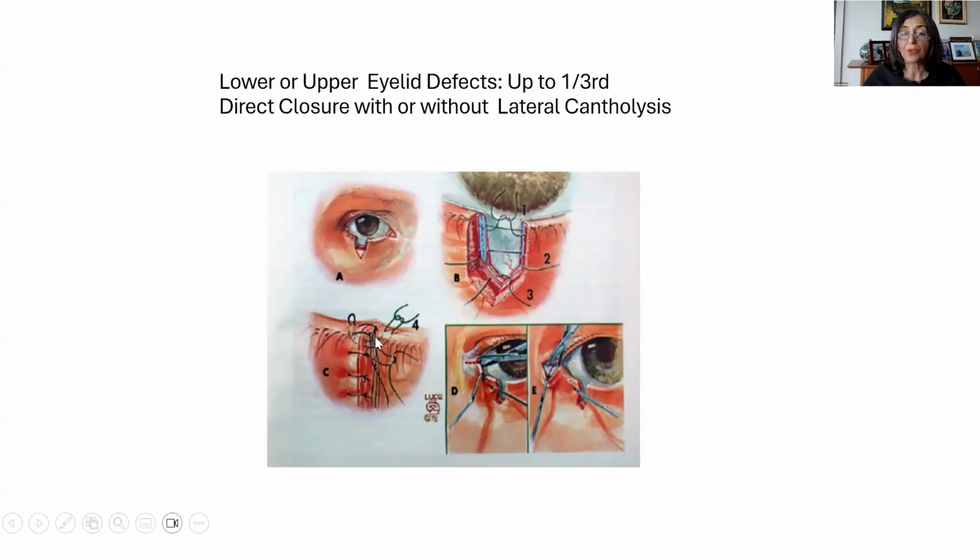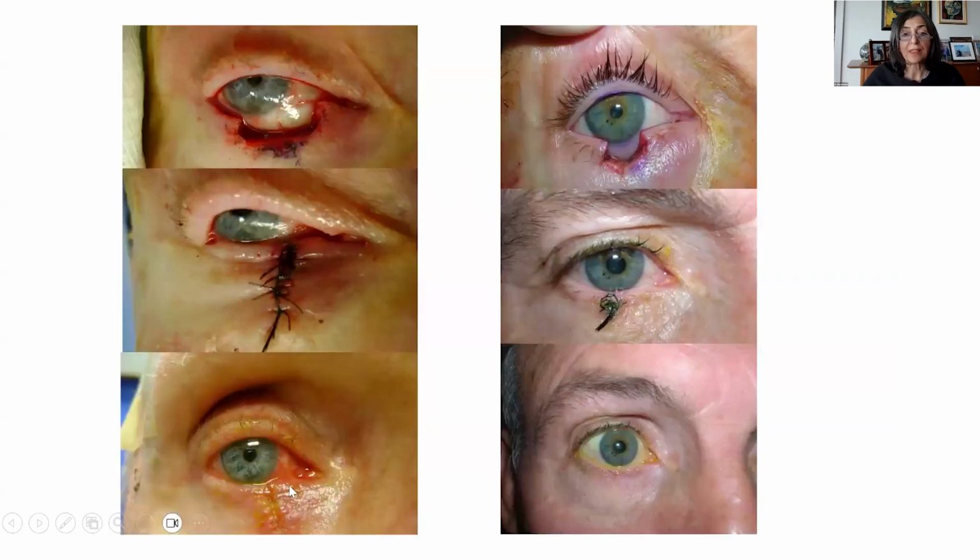So it's better to use mattress sutures as is shown here at the lid margin, and also in these real life examples. This is a defect, small defect, closed primarily. And this is the immediate post-op. You may get some inflammation associated with the sutures, but really it should resolve over time with very nice appearance and outcome.